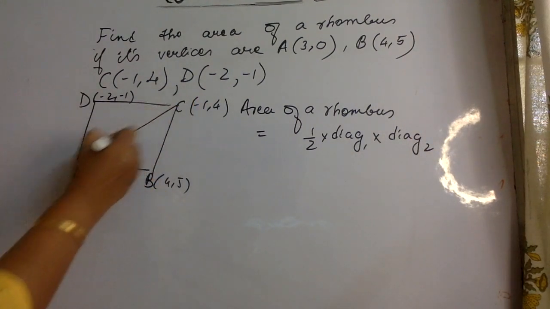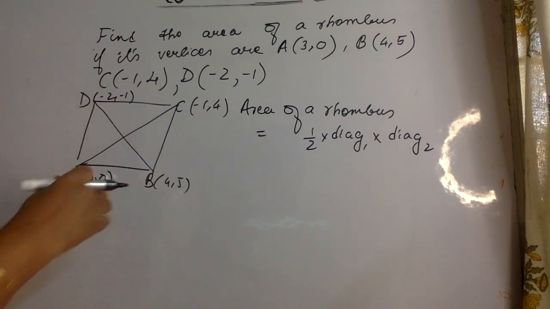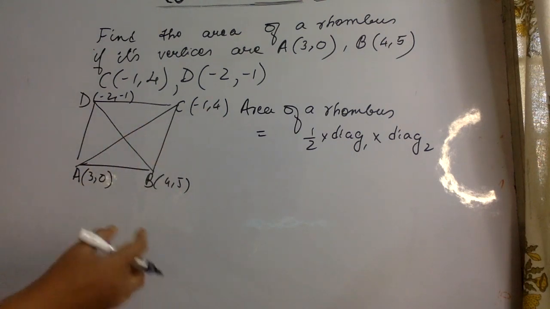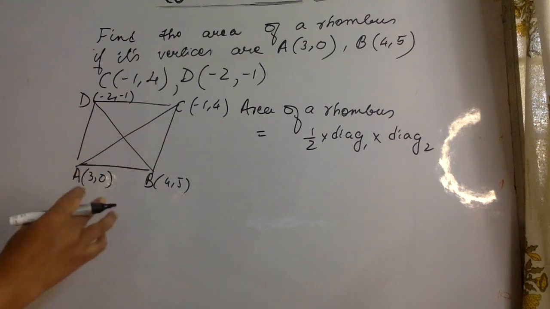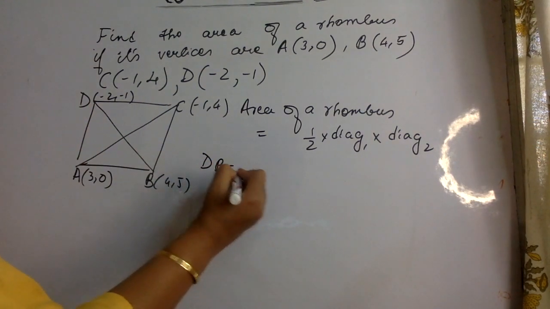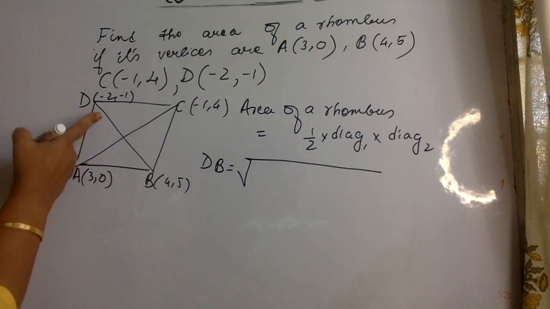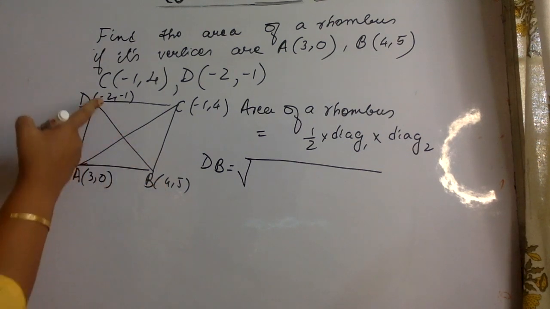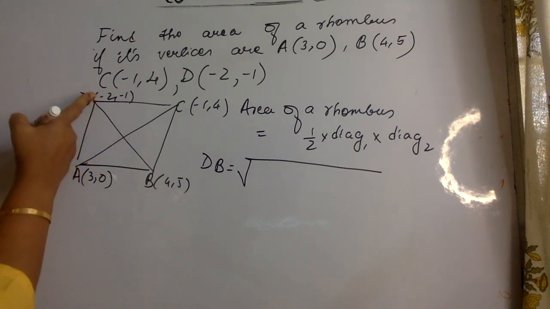So if we can just find the length of the two diagonals, we can multiply them and get the area. So here there is no need to find the sides, we will straight away find the length of the two diagonals. So here DB, how much is DB? What is the length of DB? 4 minus of -2, because x1 minus x2, so this will change to plus.